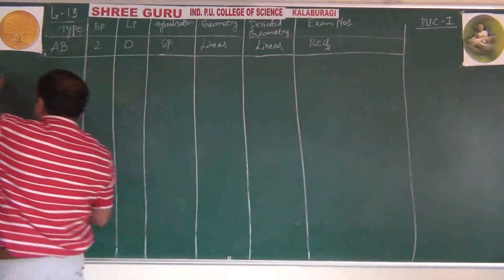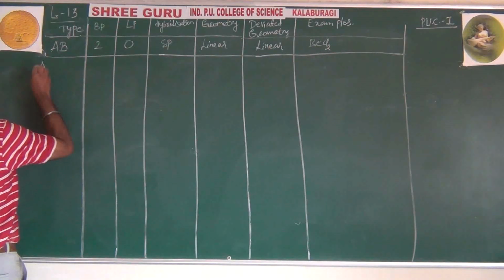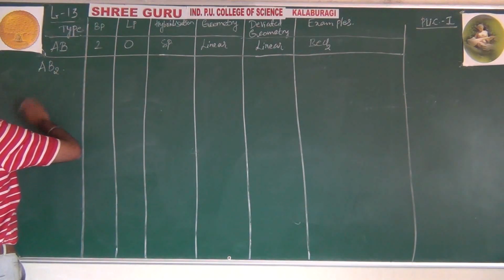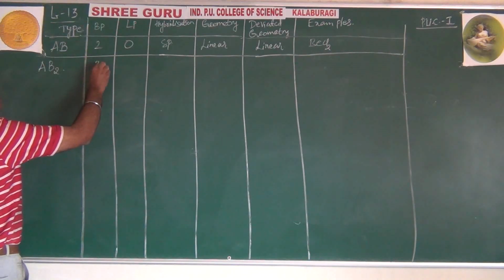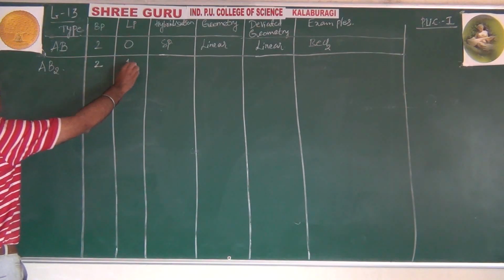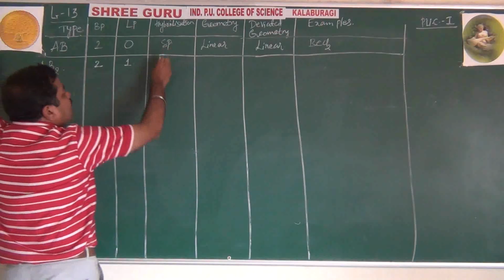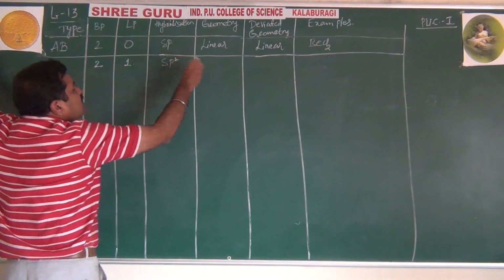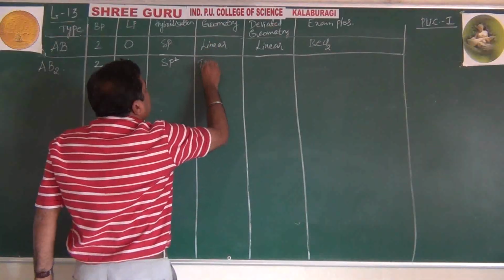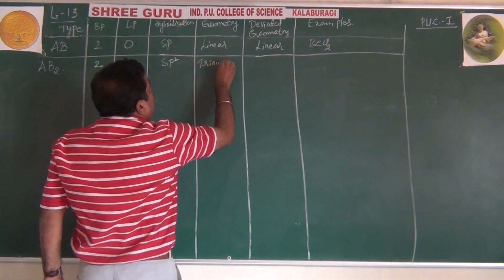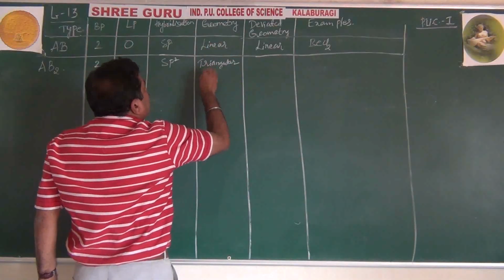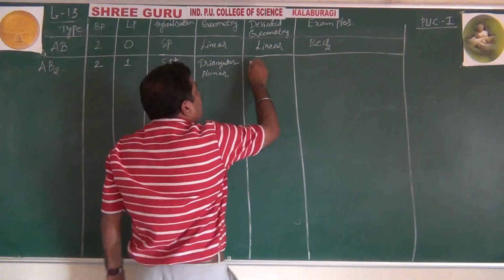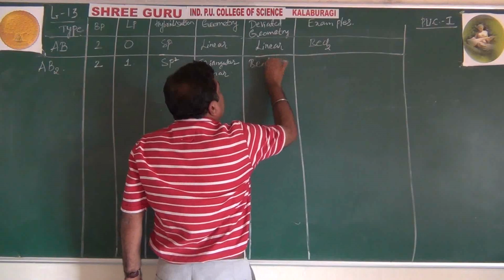If a lone pair enters, see, AB2 with two bonding pairs and one lone pair: total 2 plus 1, 3, that is sp2 hybridization. The actual geometry is triangular planar, but the deviated geometry is bent.